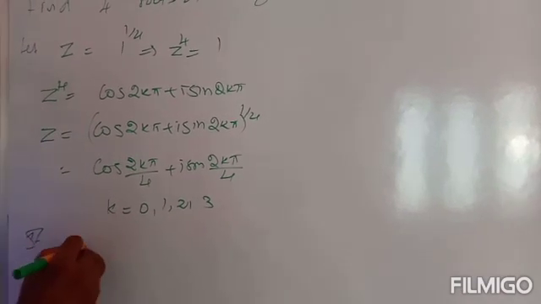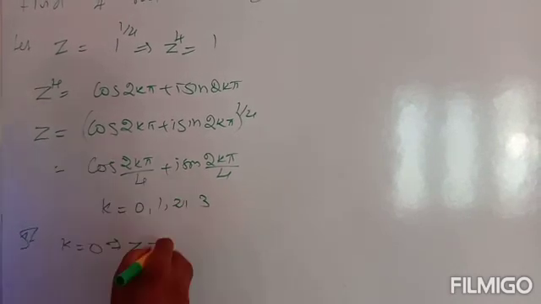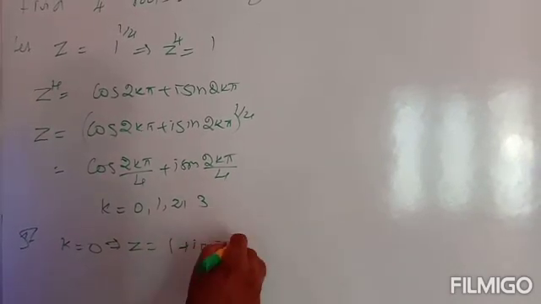If k is equal to 0, z is equal to cos 0 plus I sin 0, that is equal to 1.